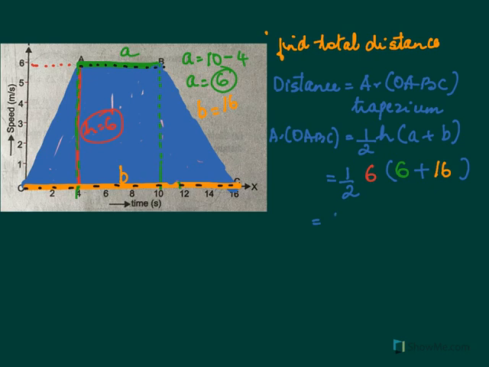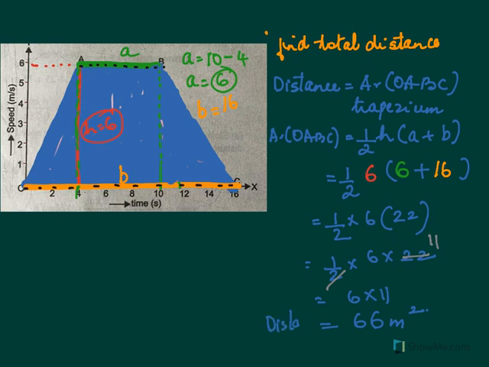So that is equal to half into 6 into 22. When you do this it becomes 11, and 6 into 11 is 66, which will be the total distance covered. Distance was the area of the trapezium.